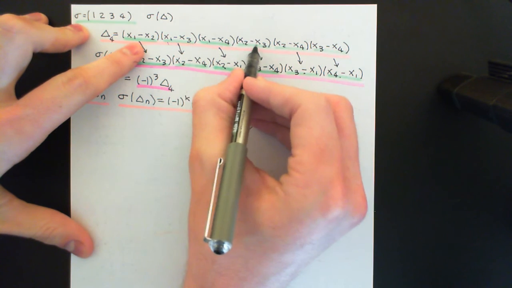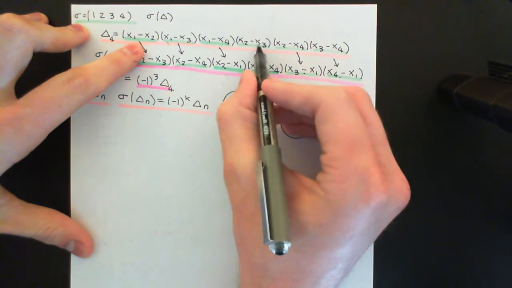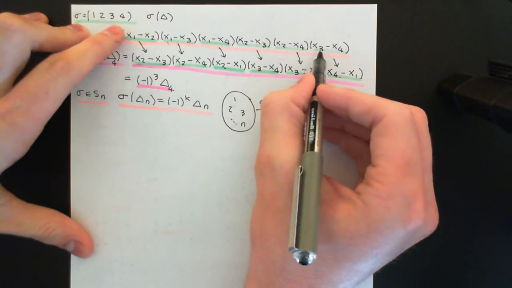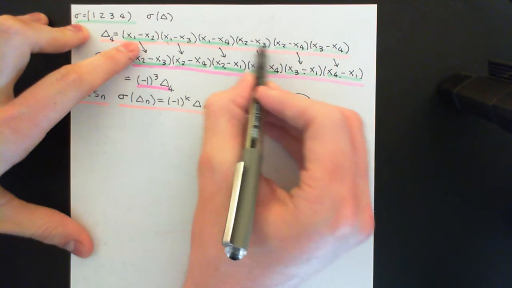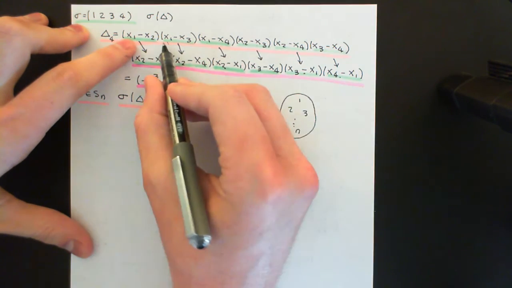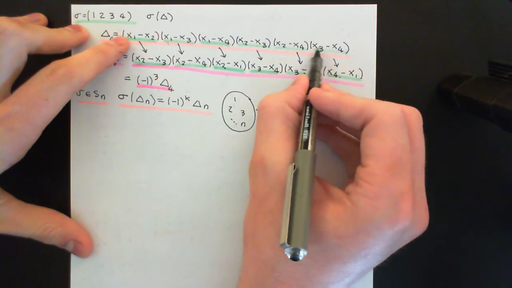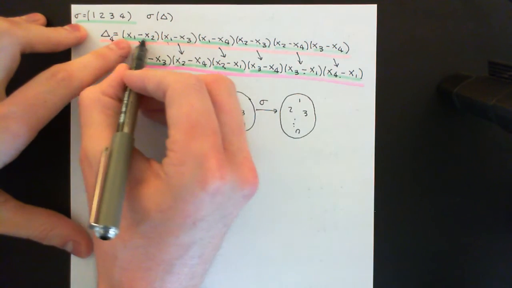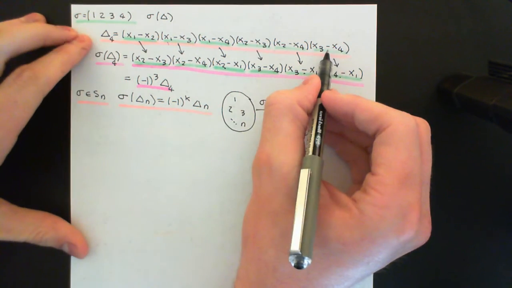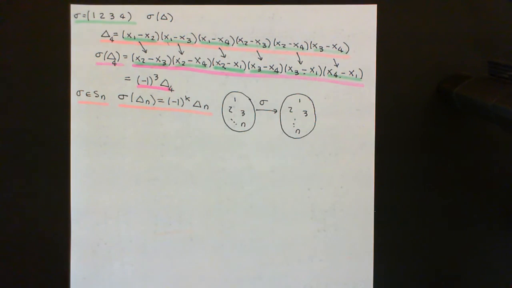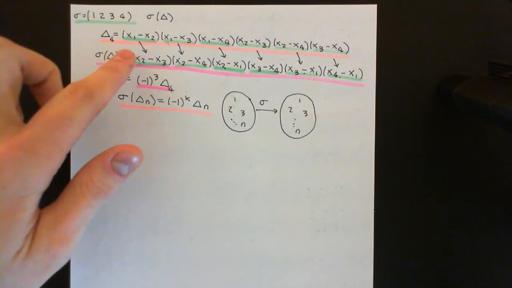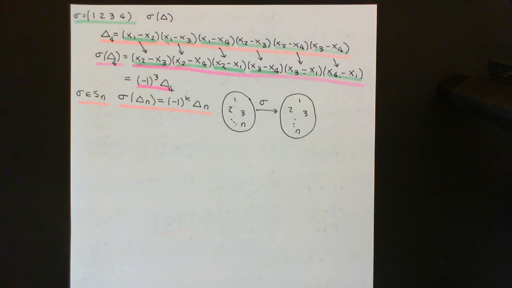Then I've got 2 and 3, 2 and 4, those are all the pairs involving 2. Well, all the pairs involving 2 that don't involve 1. And then I've got this pair 3 and 4. That is in fact all of the different pairs that I could possibly come up with where I don't count the different orders as different pairs. They're all of the unordered pairs of this set of elements 1, 2, 3, 4.